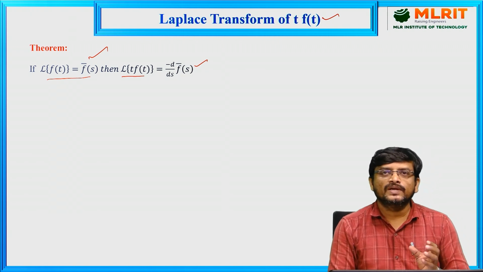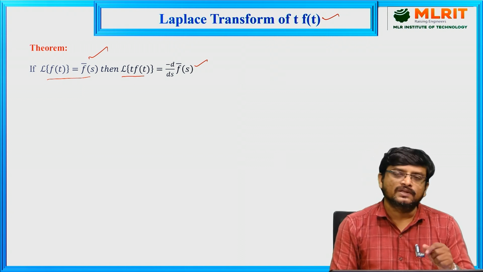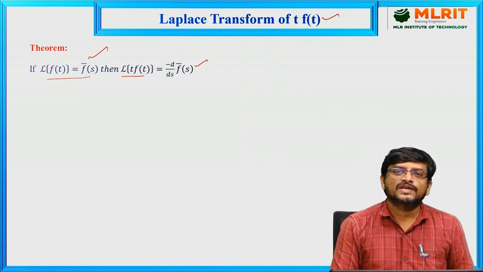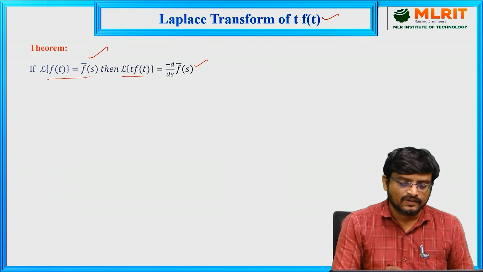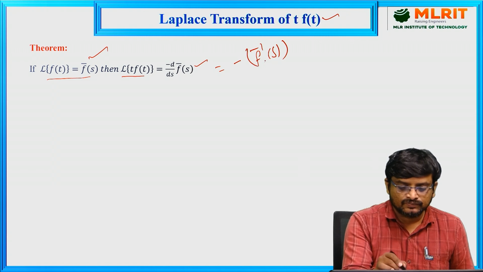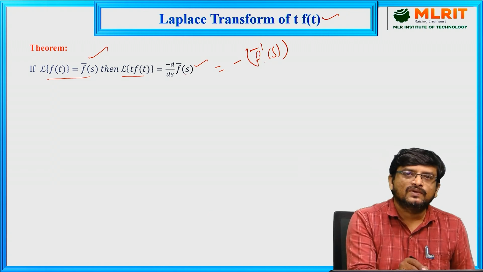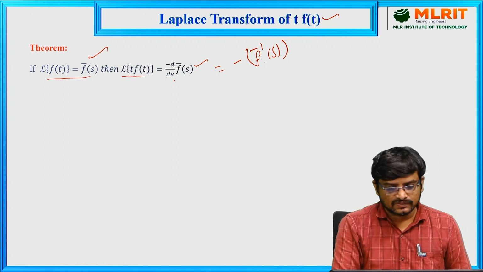Whatever value we get for the derivative of f bar of s, you multiply with minus, and then we get our Laplace transform of t into f of t. So this can be written as minus f bar dash of s.